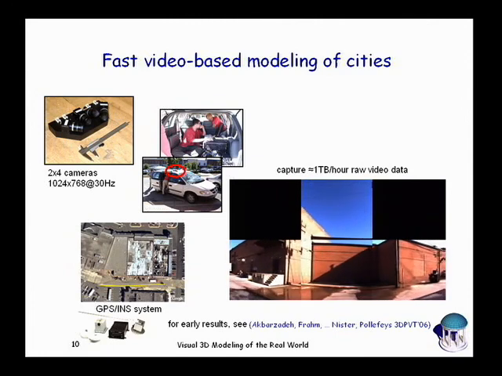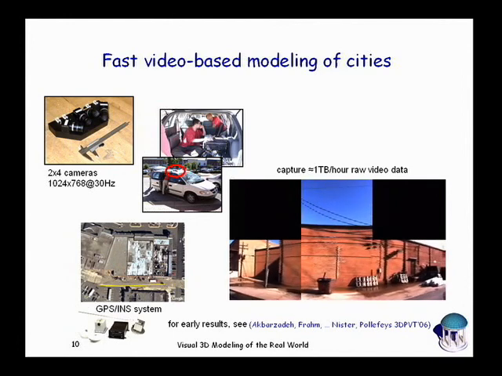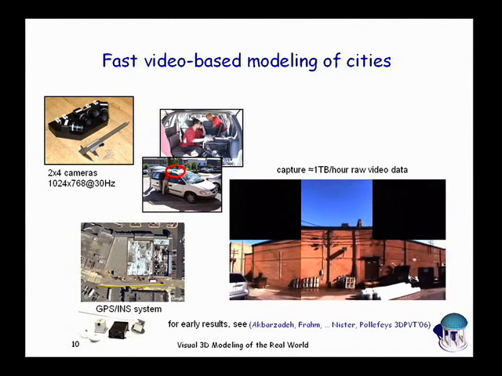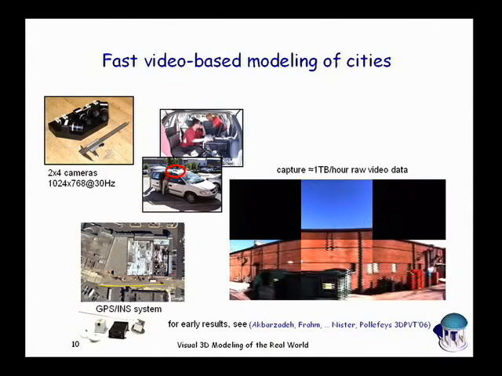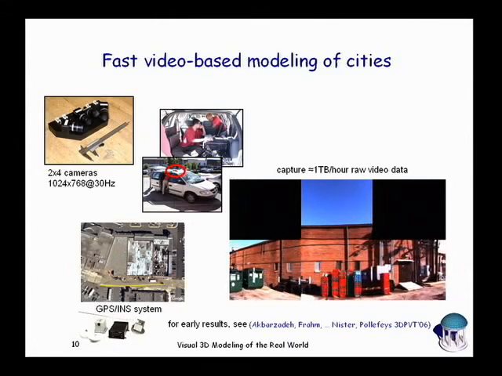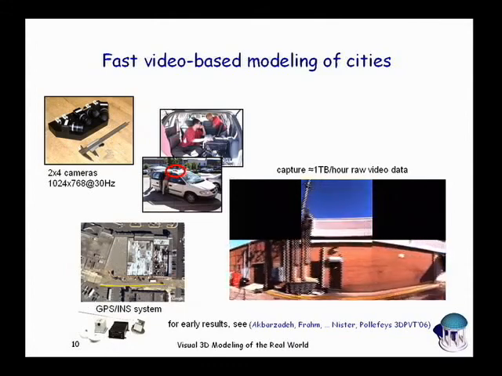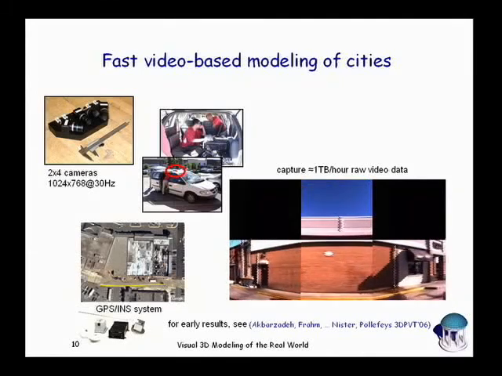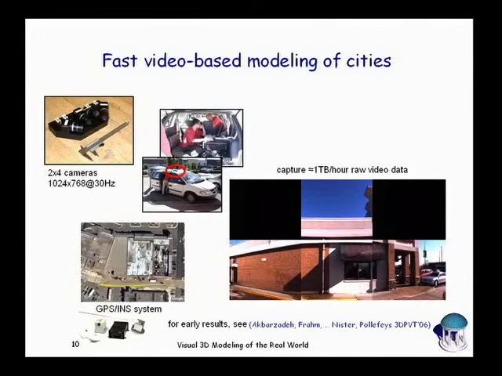One path is to use laser range scanners and scan as you go through cities. The route we're exploring is trying to just use video data to see how much we can extract from video data alone. You'd need video data anyways for the texture. And so if you were able to recover everything efficiently from just raw video data, then that has a lot of potential. In terms of acquisition, it can make acquisition potentially very cheap.